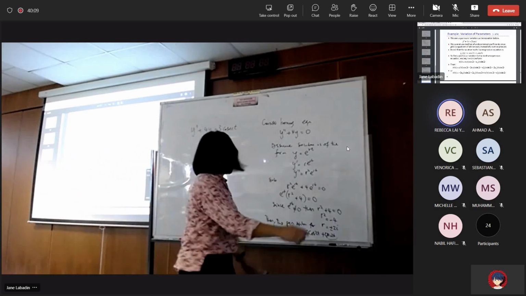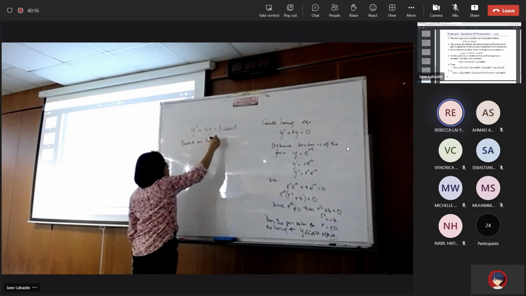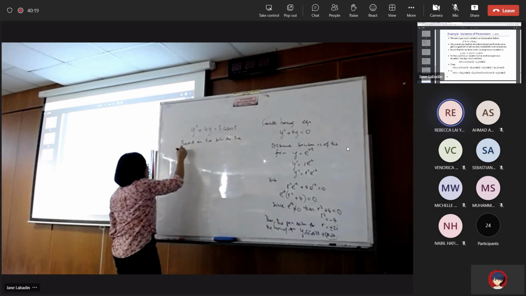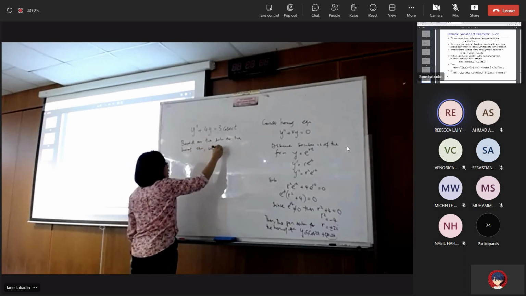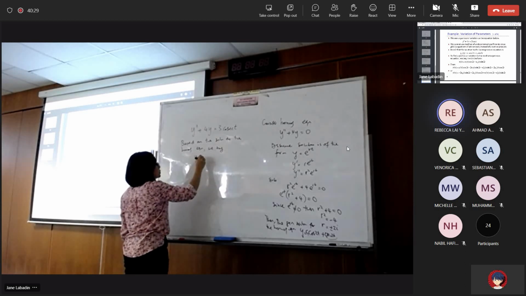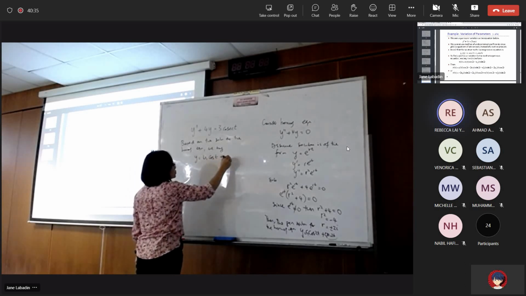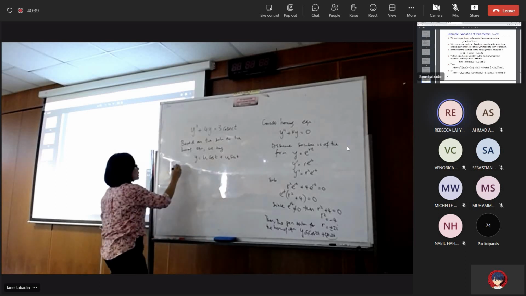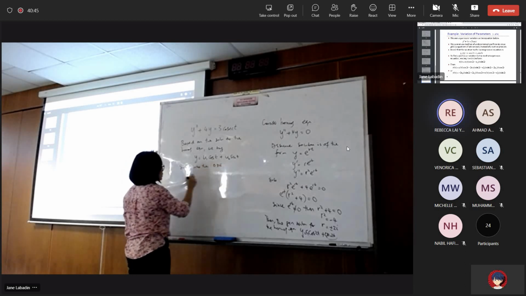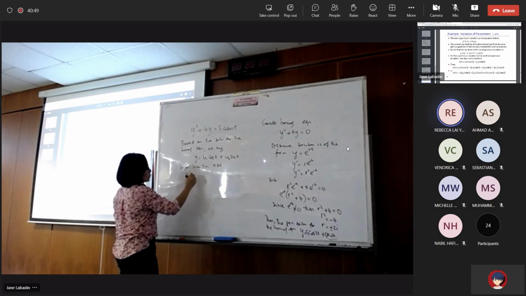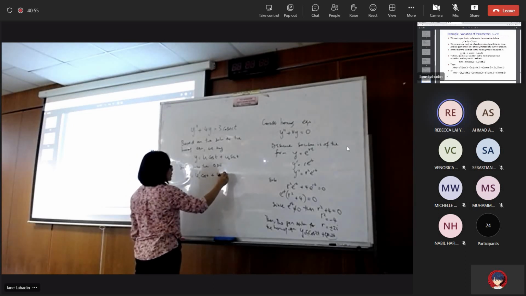Okay, so based on the solution to the homogeneous equation, we try y equals u1 cos 2t plus u2 sine 2t, and then substitute into the ODE, where y prime is equal to u1 prime cos 2t minus 2u1 sine 2t.